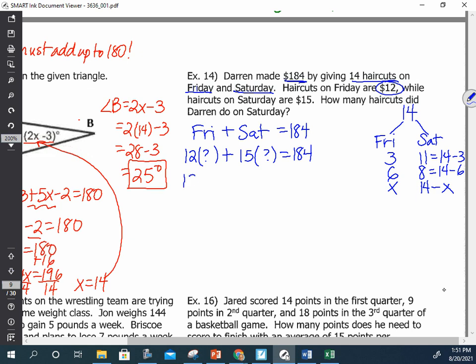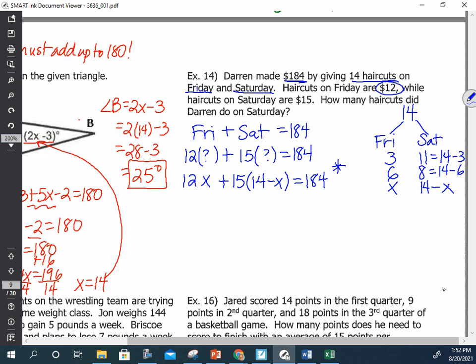So 12 times the number of haircuts on Friday, plus 15 times however many are left over, equals 184. So that's the equation that we need in order to solve this problem. Takes a little bit of reasoning and a little bit of thinking, but we can get there.